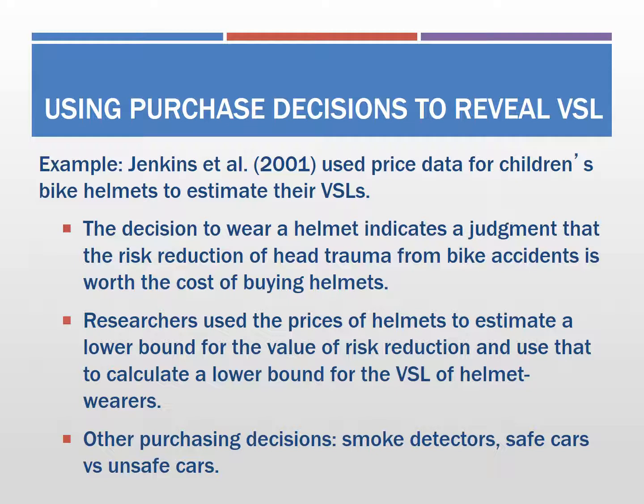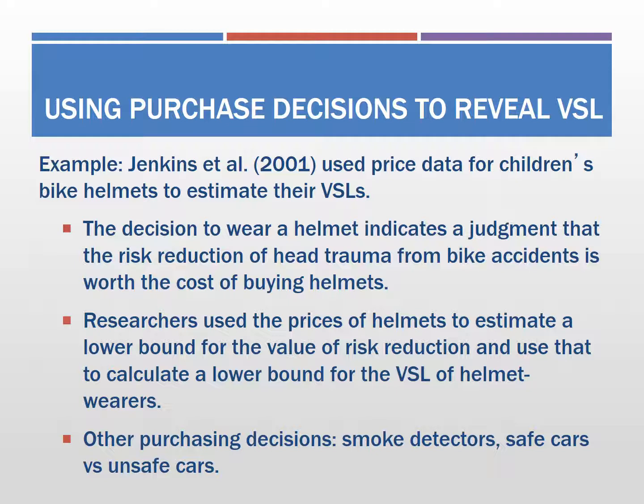One example is by Jenkins et al. in 2001. They studied how likely people are to purchase children's bike helmets, along with the price of the products, in order to estimate the value of life.